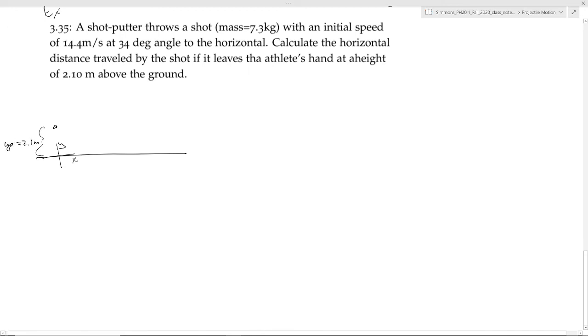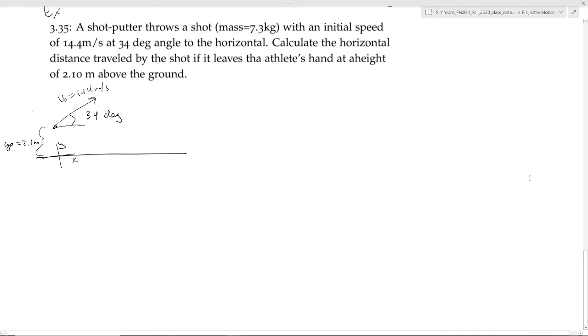Okay. And it has an initial velocity, 14.4 meters per second, and it's thrown at an angle of 34 degrees relative to the ground, to the horizontal.